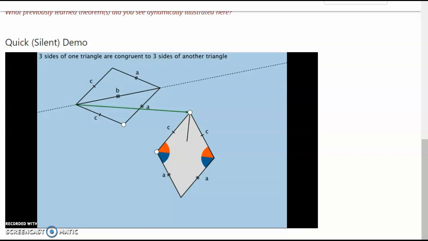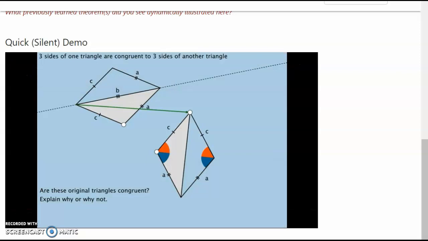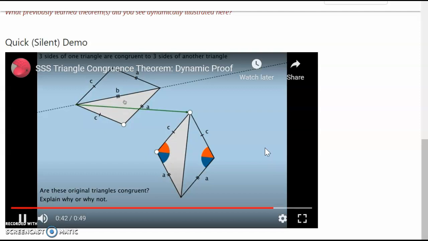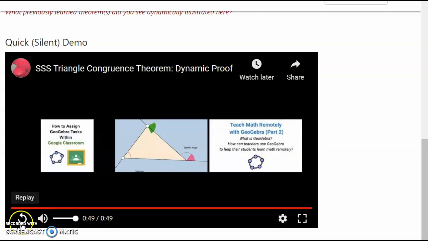When the sides are the same, we can conclude that the corresponding angles are going to be the same as well. So side, side, side is a congruence shortcut. That means that we don't need all six pairs, three pairs of angles and three pairs of sides, to be congruent. We just need three pairs of sides to be congruent.